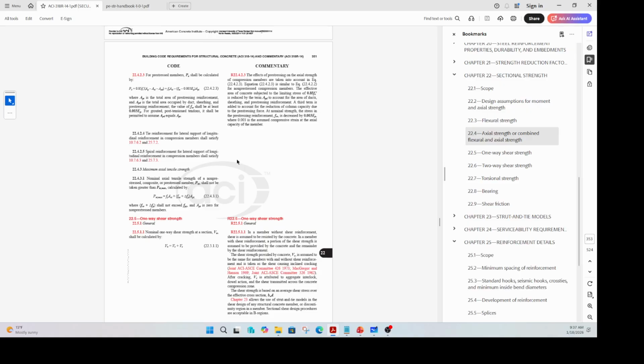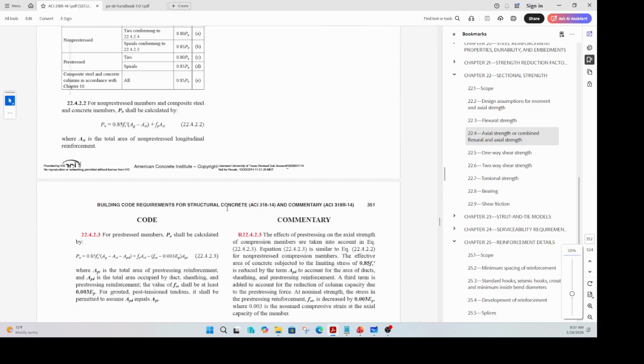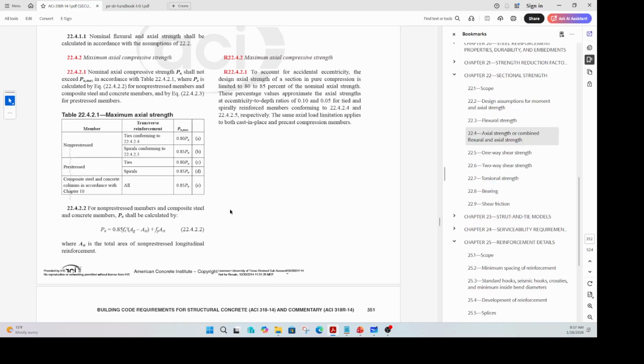Okay, so that is, like I said, the axial strength of the column, right? Nominal Pn shall not exceed, so that means less than or equal to Pn max, right? And Pn max is given in this table here.